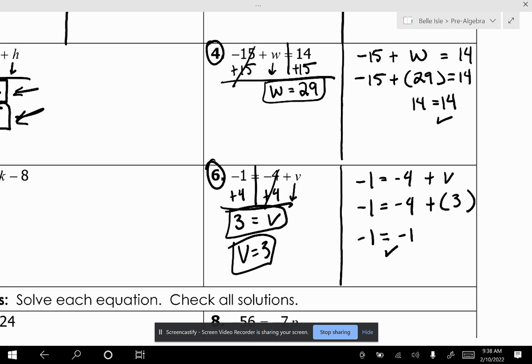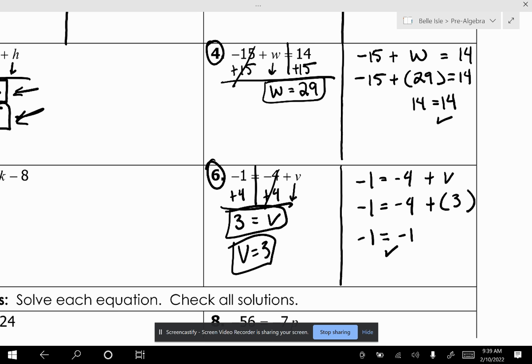So we are technically doing the inverse operation, but what you need to think of as the inverse operation means, how do I get this number down to 0? So if I have negative 15, I need to combine it with what? Positive 15.